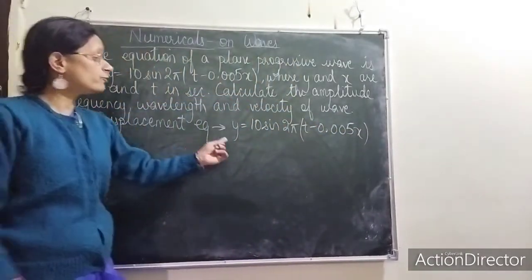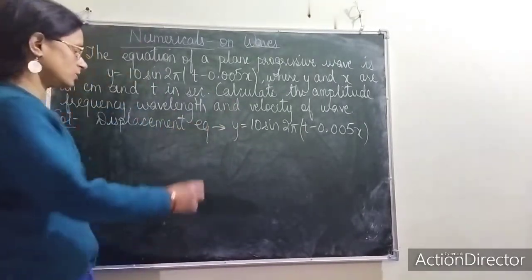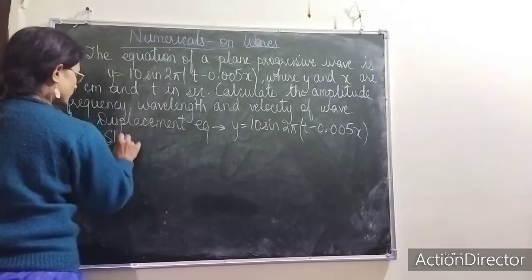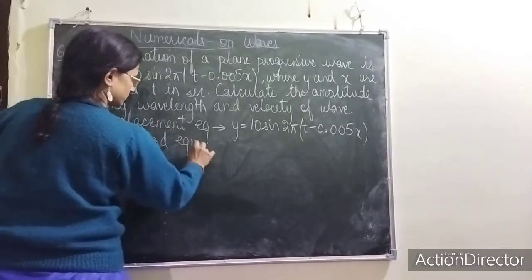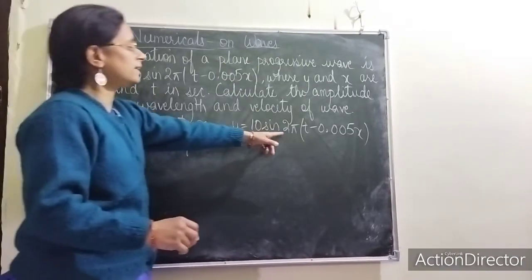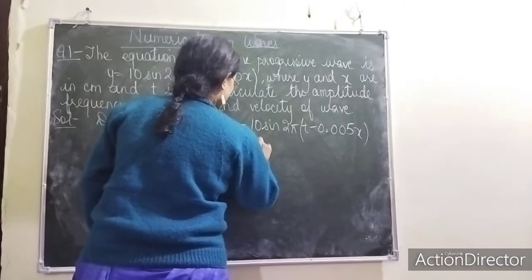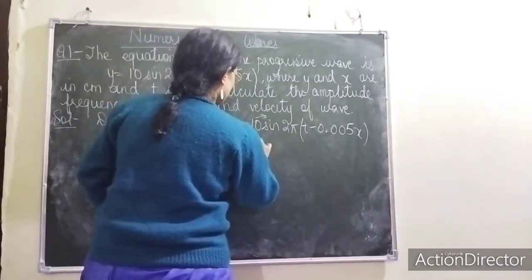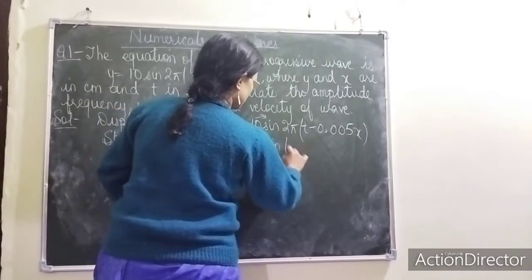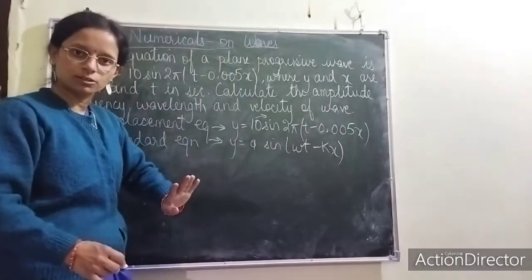Now we will equate this equation with the standard equation. The standard equation is y equals a sine (omega t minus kx). Here 2 pi is written, and 10 is the amplitude.